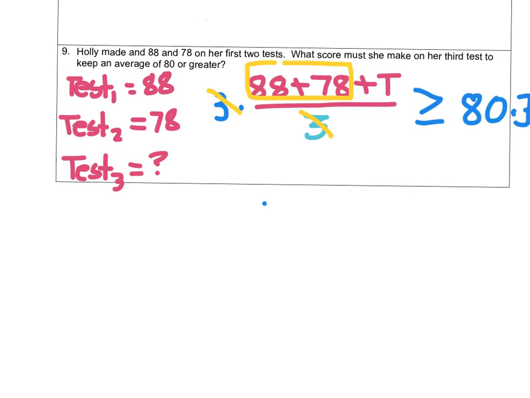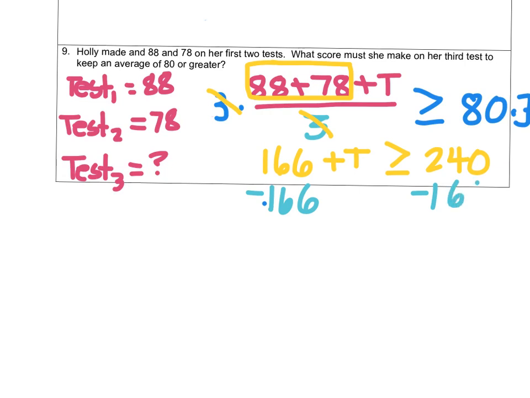I'm going to go ahead and combine these two. So we'll have 166 plus T is greater than or equal to 240. Continue solving by subtracting 166 from each side of the inequality. And we end up with T is greater than or equal to 74.